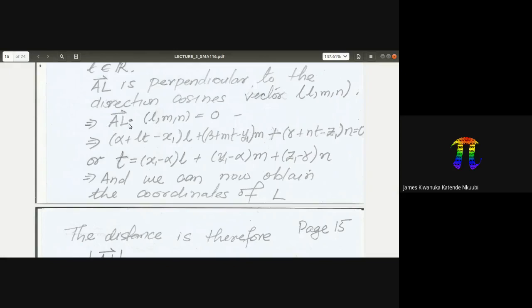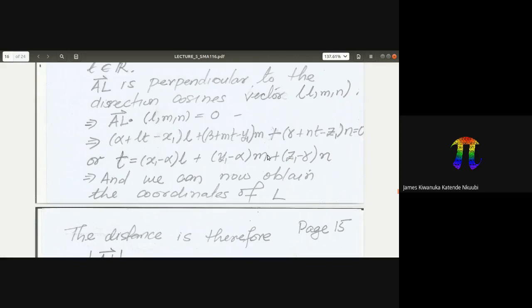We know the coordinates of A, and now we have a way of writing the coordinates of L. So the position vector from A to L will be given by alpha plus LT minus X1 as your first component, then beta plus MT minus Y1 as your second component, and gamma plus NT minus Z1 as your third component. Then you get the product of this AL with L, M, N and you work it out. This is what you will end up with, and that should be equal to 0 because the two vectors are perpendicular.